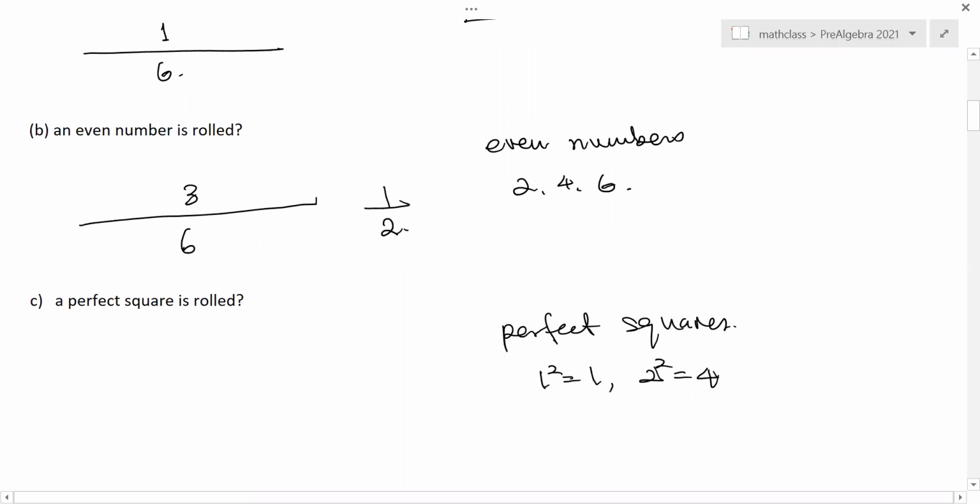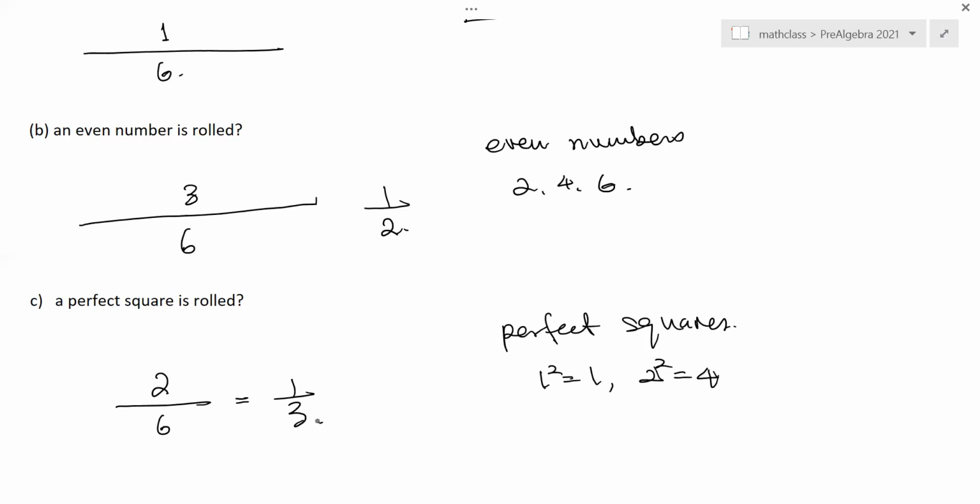There are only 2 perfect squares there. The denominator is still the number of all possible outcomes, which is 6 because you have 6 faces of this cube. The numerator is 2, so the probability is 1/3.